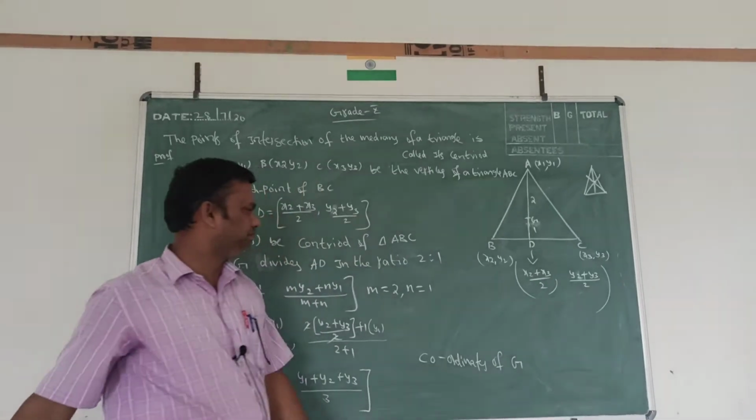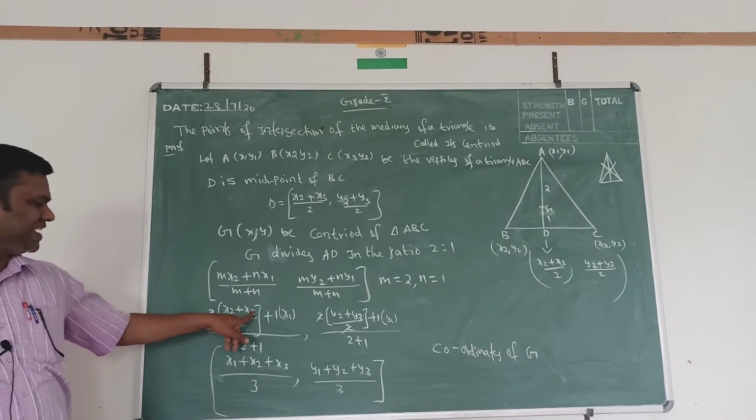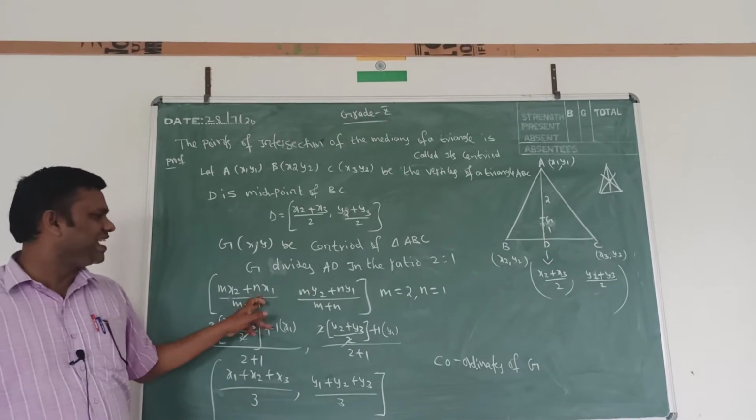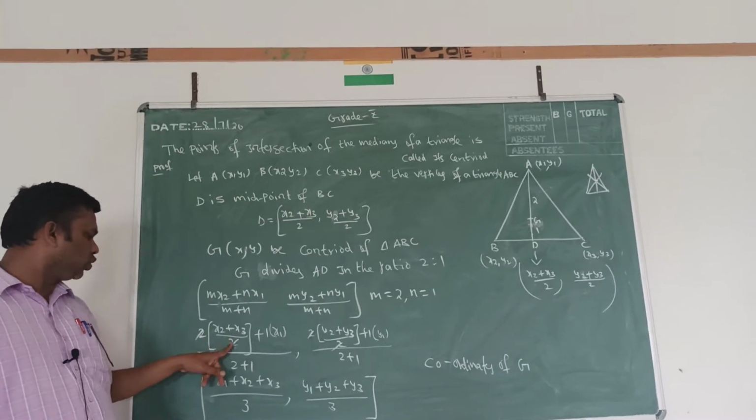Now, m is 2, times x2, which is (x2 + x3)/2, plus n is 1 times x1. The 2 will get cancelled.